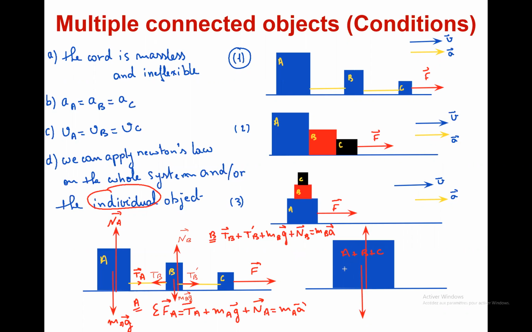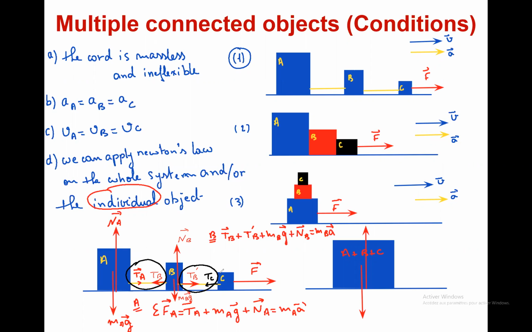What do we do when we take the total system? We have to eliminate all the internal forces. Between A and B, we have TA and TB, we can eliminate them. Between B and C, we eliminate T prime B and T prime C. These are internal forces.